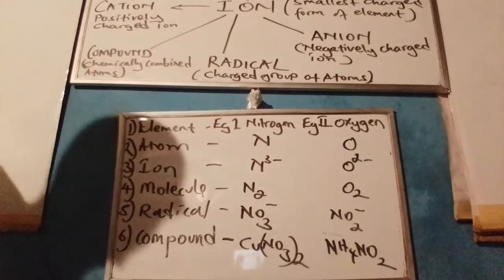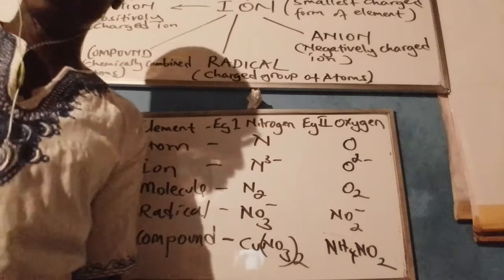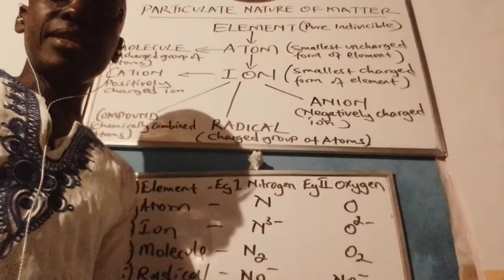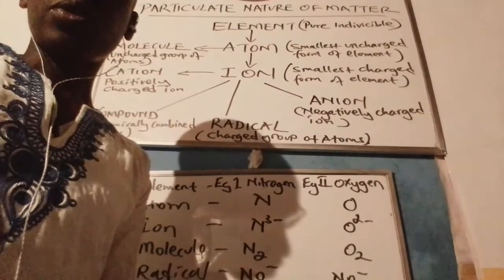And in this respect, we say that compounds are a group of atoms which are chemically combined. So with this clear illustration, we can conclusively say that the particulate nature of matter represents varied forms of matter.